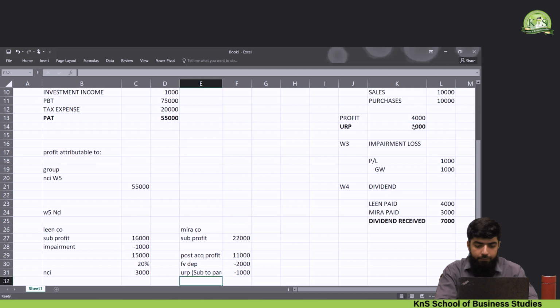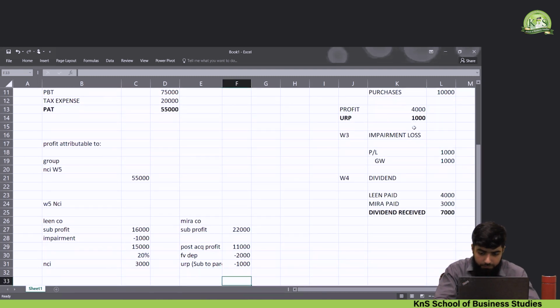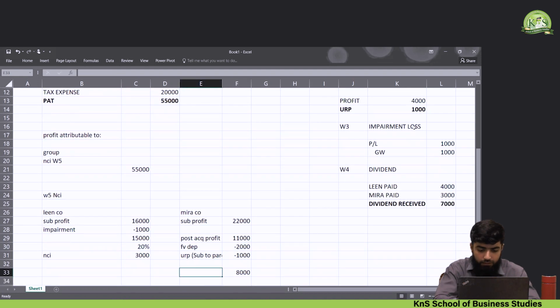So we are going to eliminate that unrealized profit from the books of the subsidiary company, that is Mira company. No further adjustments are required. So sorry, that is 8,000. 8,000 is the adjusted profit, it's not NCI.